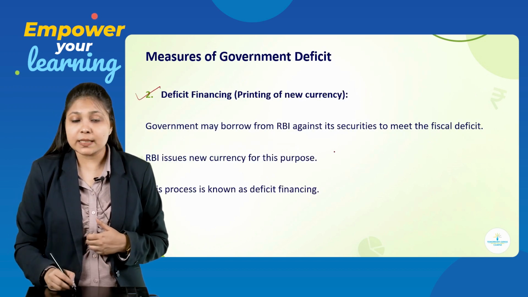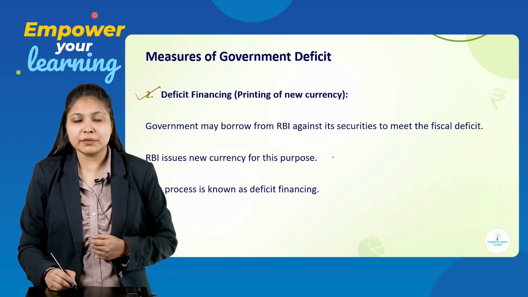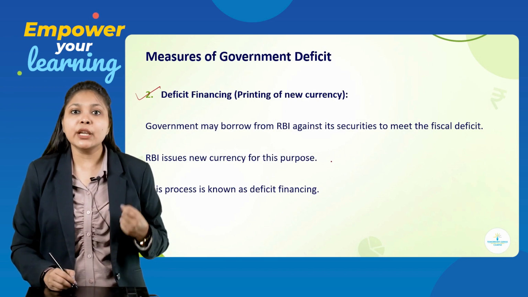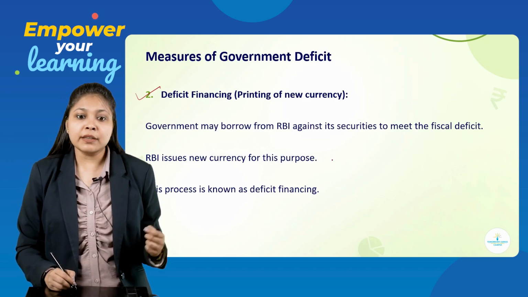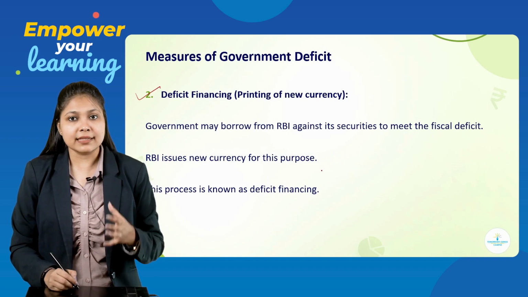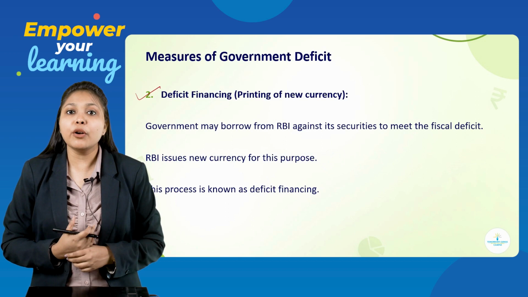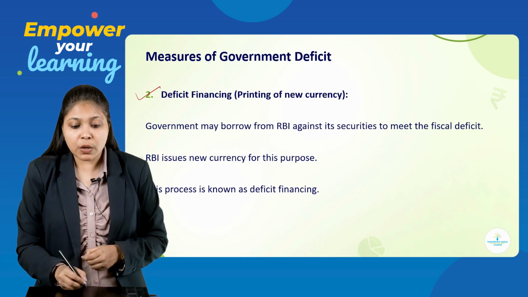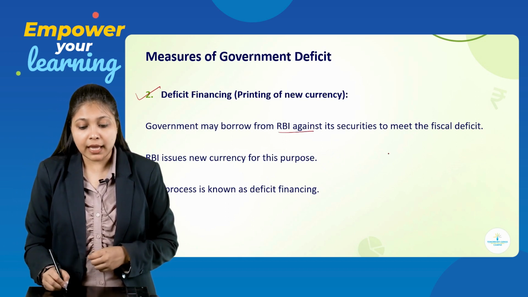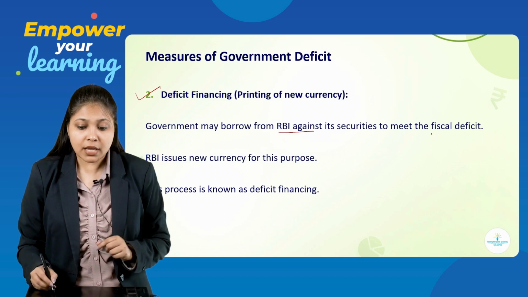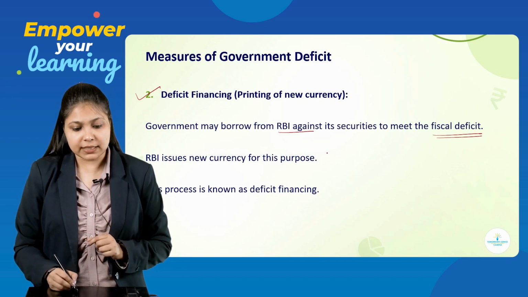Next is deficit financing. The simple meaning of deficit financing is printing of new currency. So whenever you hear the term deficit financing, you should know deficit financing is nothing but printing of new currency. The government may borrow from RBI against its securities to meet fiscal deficit.